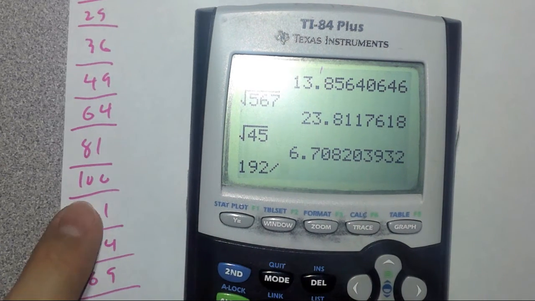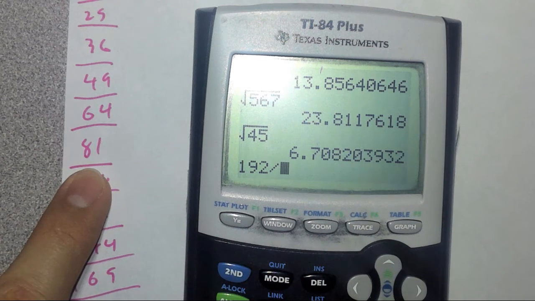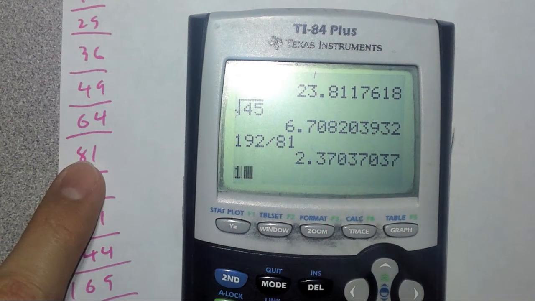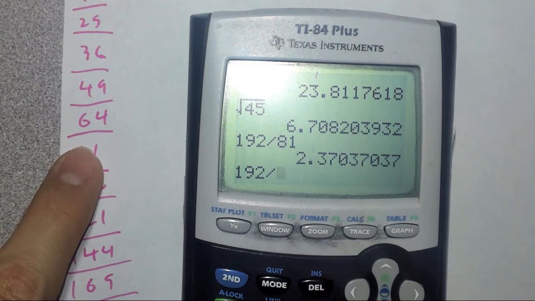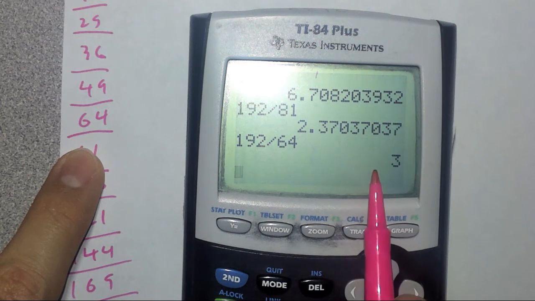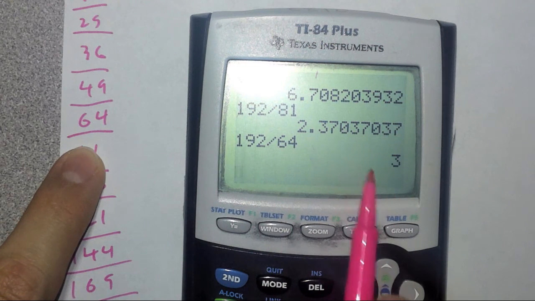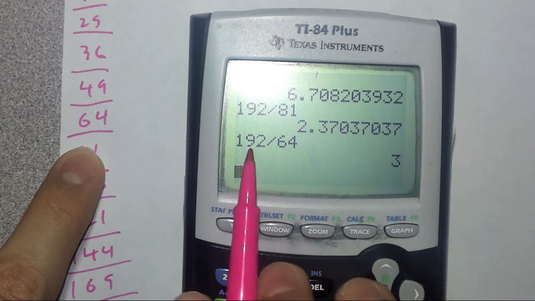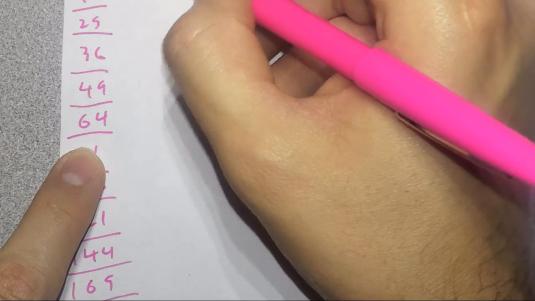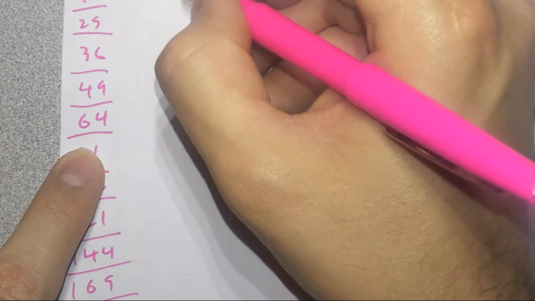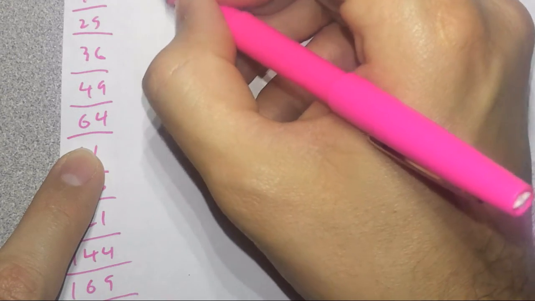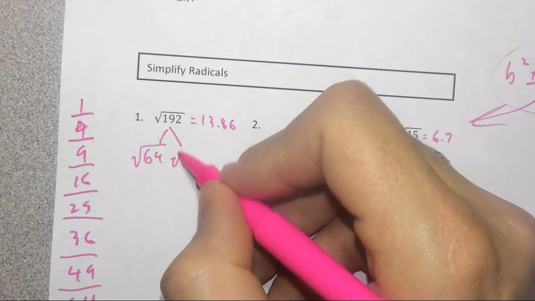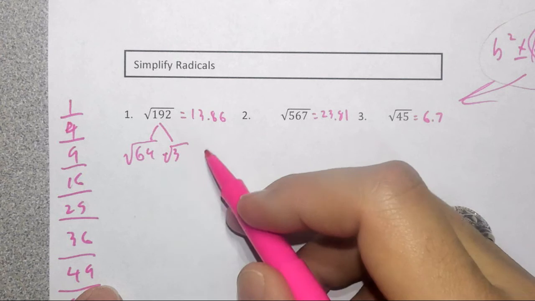Let's start with 81. Divided by 81, decimal, don't need it. 192 divided by 64, there you go. If I divide it by 64, I get 3. So 3 times 64 is 192. So I have my 64 and 3.